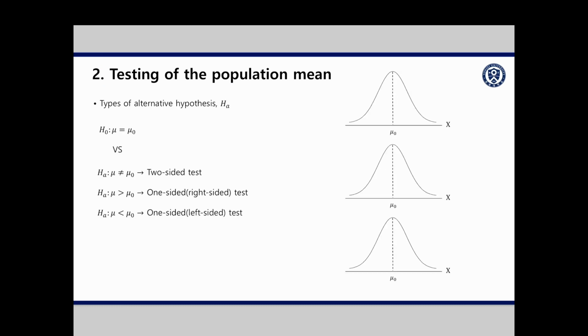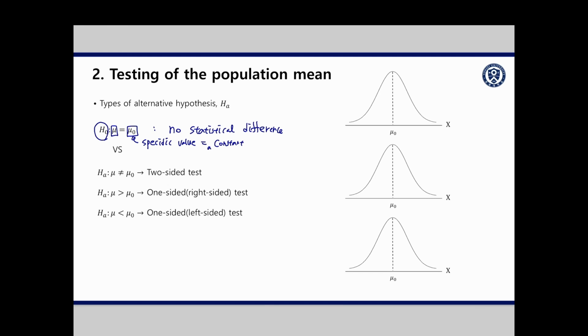First, let's examine the hypothesis regarding the population mean. The null hypothesis states that there is no statistical difference, implying that the population mean equals the specific value mu 0, that is the constant.